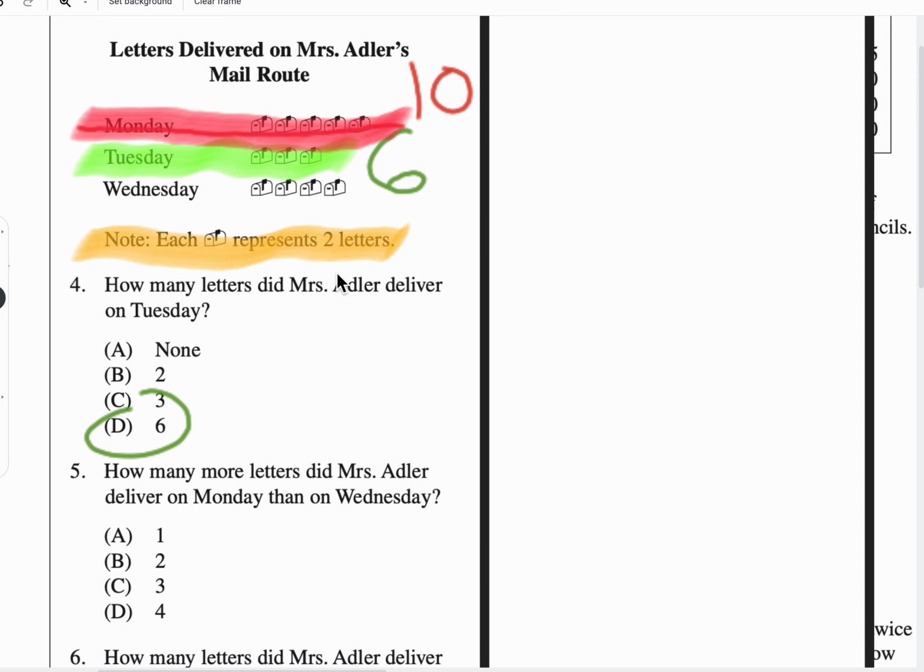Two times 5 is 10, or 2 plus 2 plus 2 plus 2 plus 2. And on Wednesday, she delivered 2, 4, 6, 8, 8 letters. 2 times 4 is 8, or 2, 4, 6, 8.